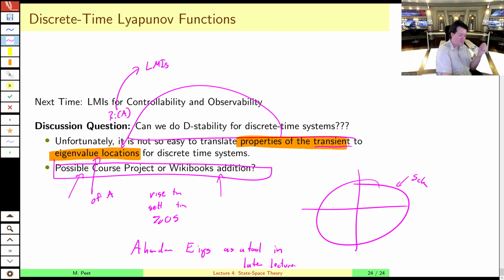We'll see. You'll see. That concludes our interest in eigenvalues in general. In the next lectures, we'll talk about controllability and observability, and there will be a last gasp for eigenvalues. But at some point after that, we'll have to abandon it because they cease to be useful.